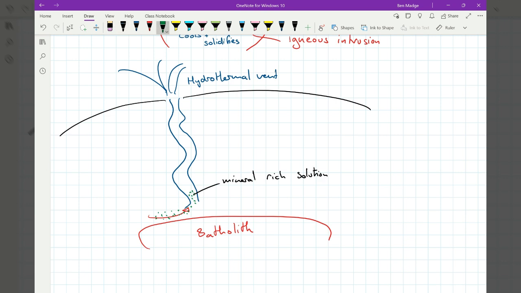And as this hydrothermal vent works its way up our vent, it will start to cool down. And as it cools down, it will cause the dissolved minerals to crystallize out of solution.